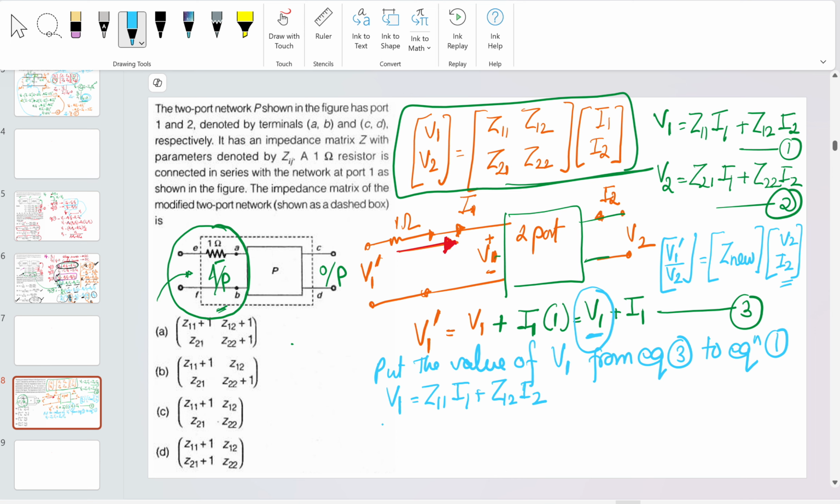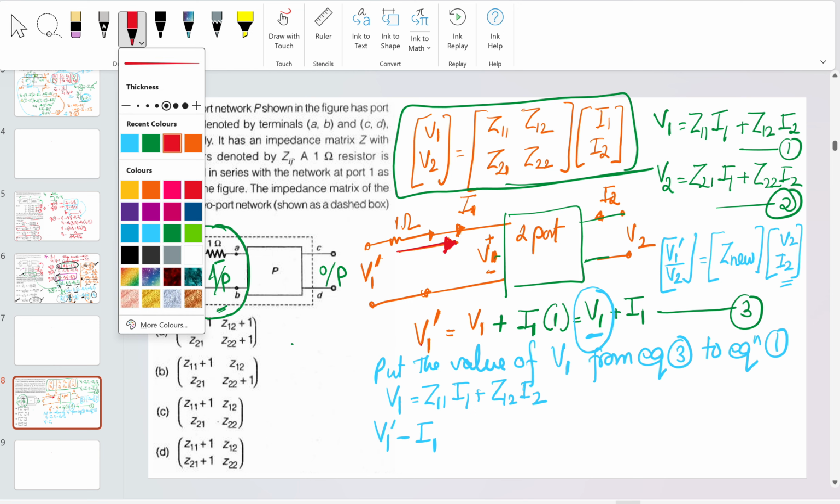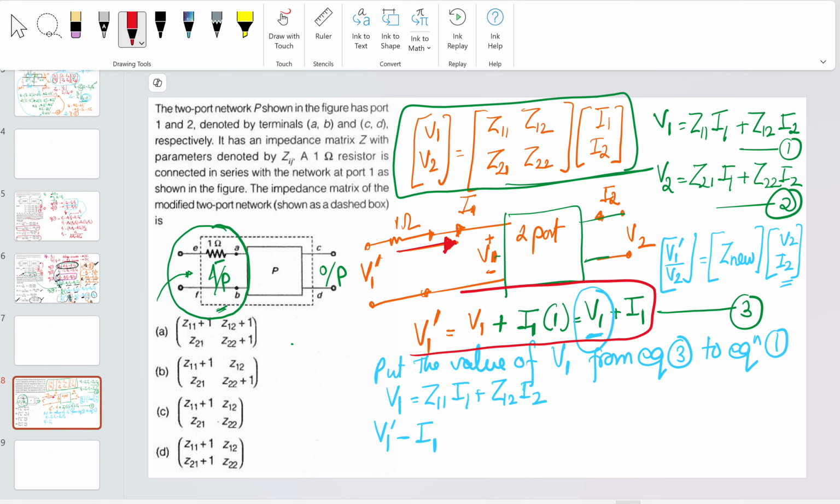From equation 3, you will get the value of V1: V1 is equal to V1 dash minus I1. So we will keep it here like this: V1 dash minus I1 is equal to Z11 I1 plus Z12 I2. Rearrange, and you will get V1 dash is equal to (1 plus Z11) I1 plus Z12 times I2.